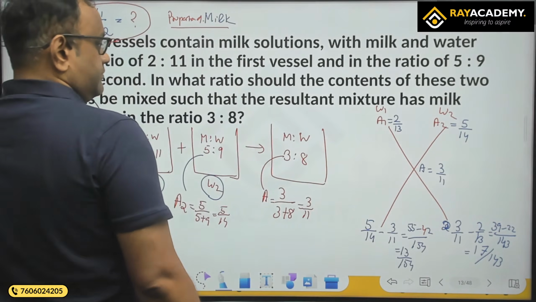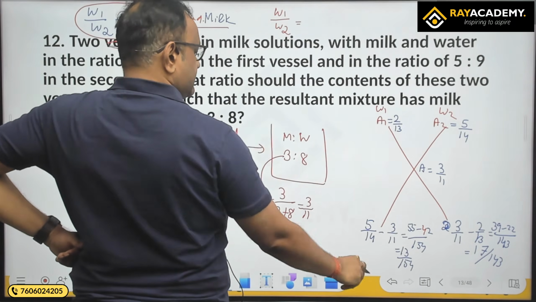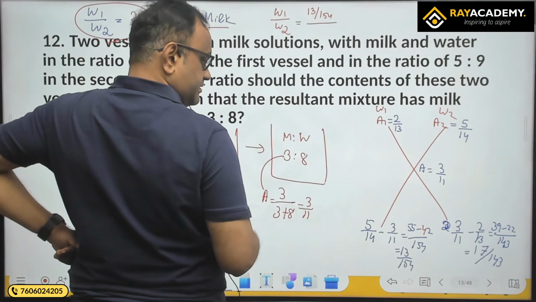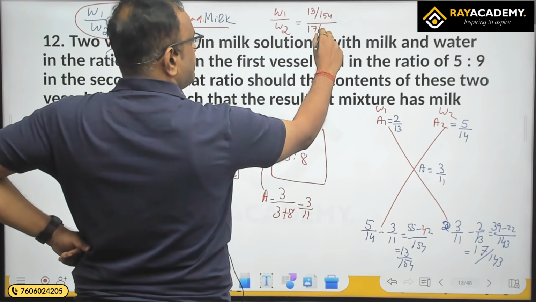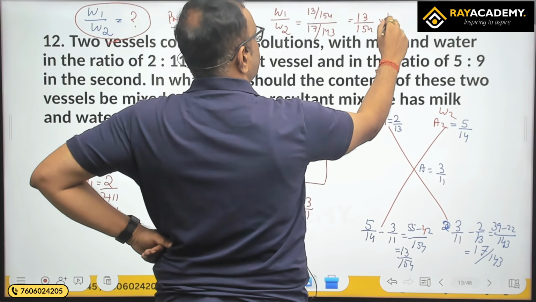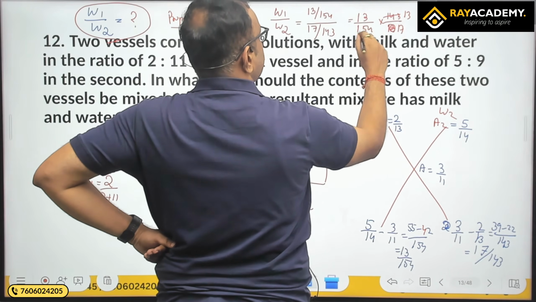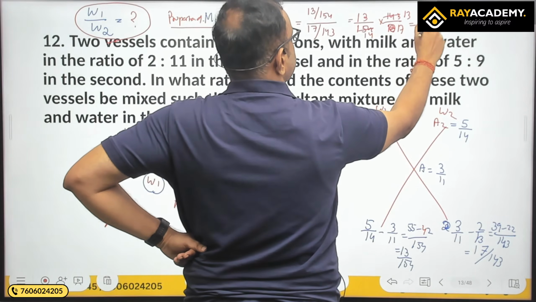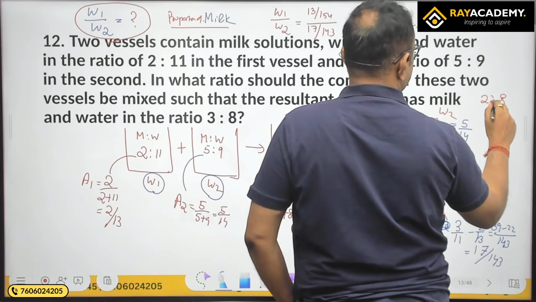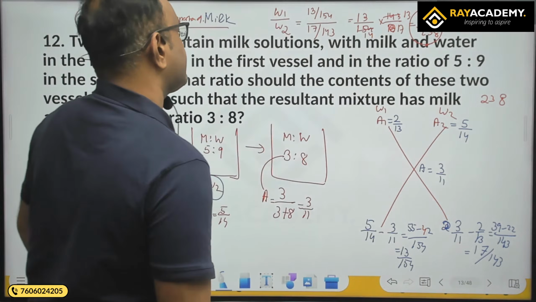Okay. So I need to find out W1 by W2. W1 by W2 is 13 by 154 divided by 17 by 143, or you can say 13 by 154 into 143 by 17. 11 13 11 14, so it is 169 divided by 14 into 17, which is 238. A very odd number, but this is the answer. 169 divided by 238.